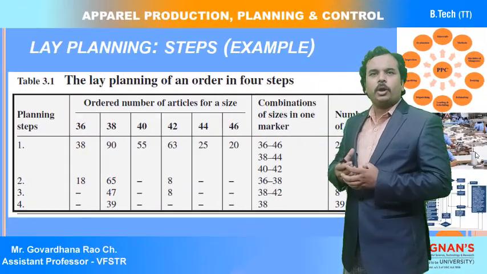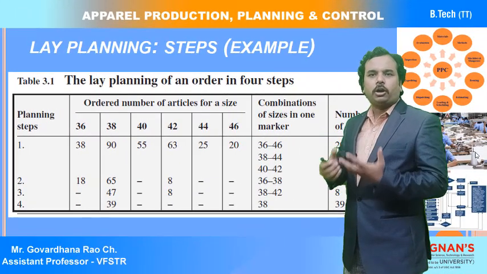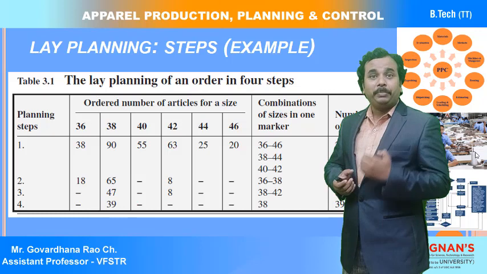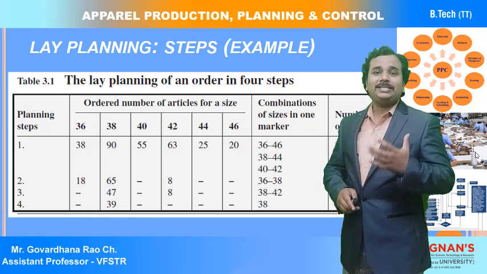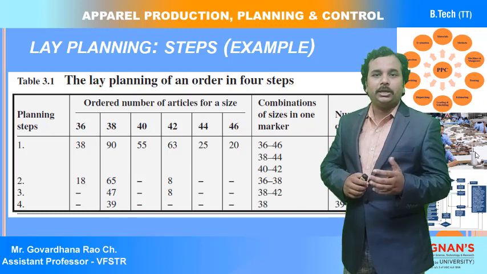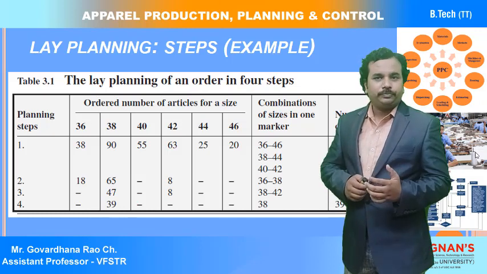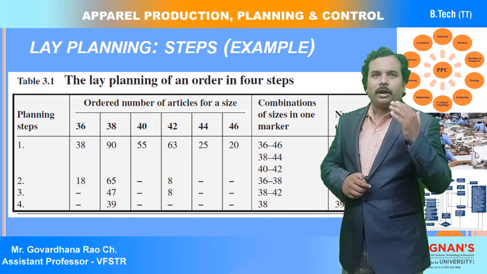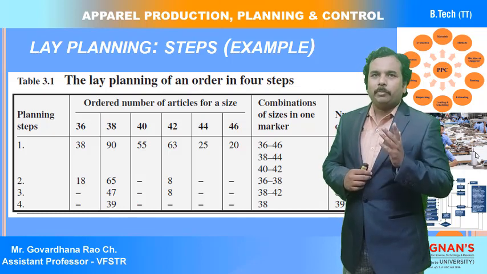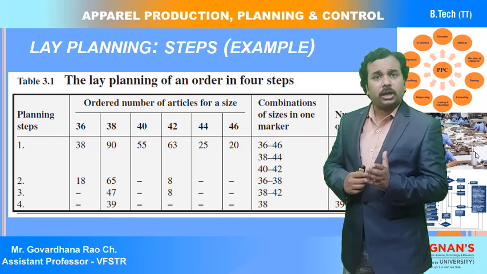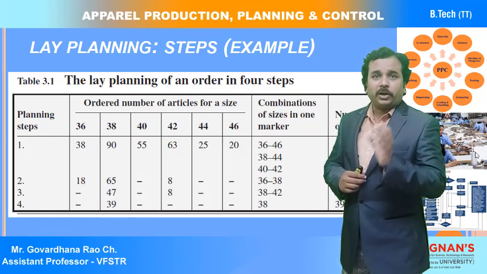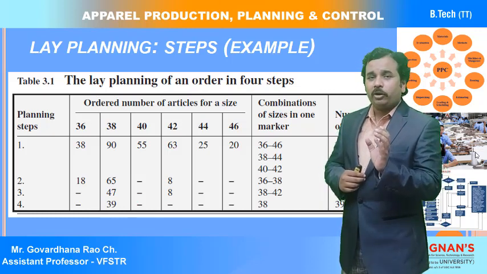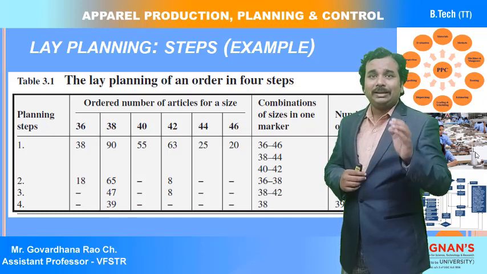From this, we are going to complete the total ordered quantity by preparing how many markers in total? Total 6 markers are required to complete the order. So I have shown the combination of sizes in one marker. So in one marker 36, 46, 38, 44, 40, 42, like that.